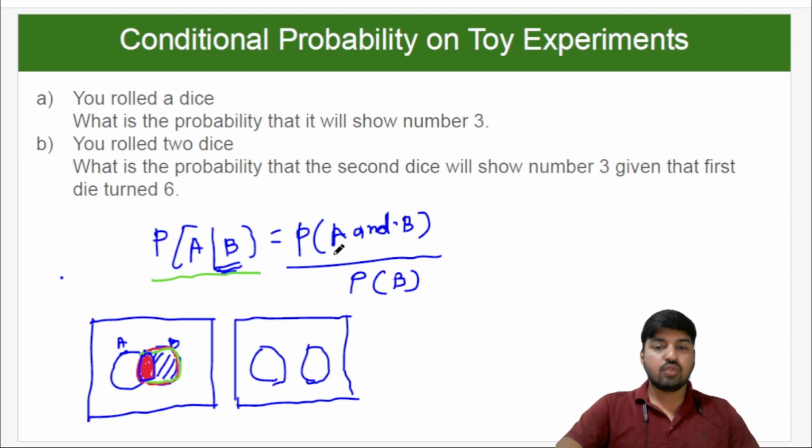In this case, probability of A and B will become 0. So 0 divided by something is always 0.